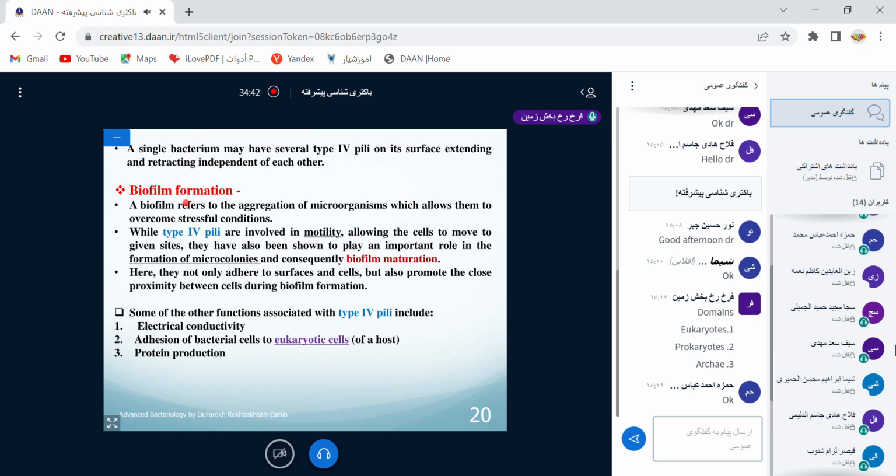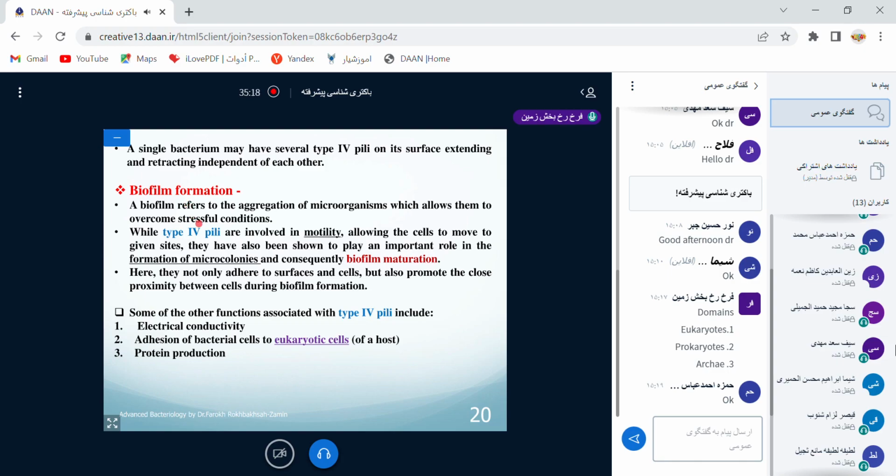One of the usages of the type 4 pili is for biofilm formation, which a few days back we focused on as a virulence factor in pathogenic bacteria. So biofilm formation was a very important characteristic or virulence factor of bacterial pathogens.